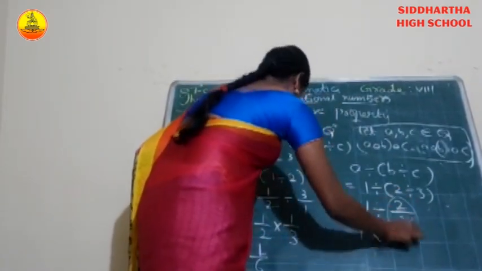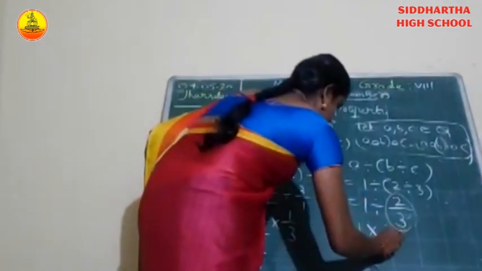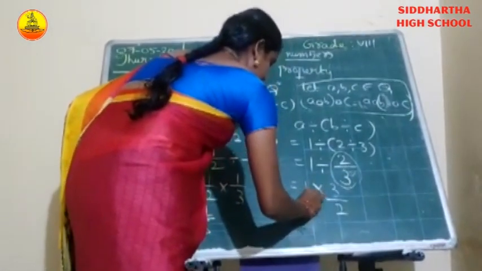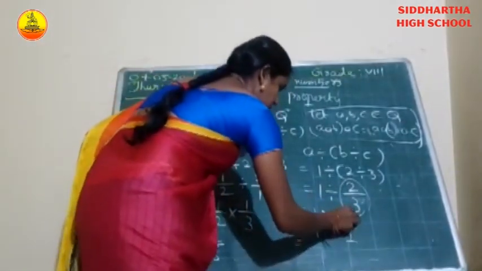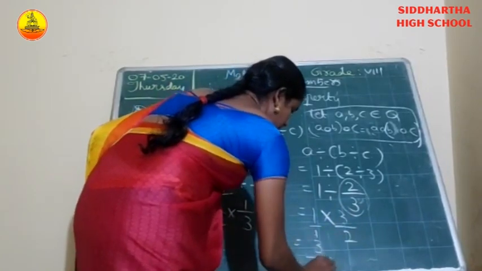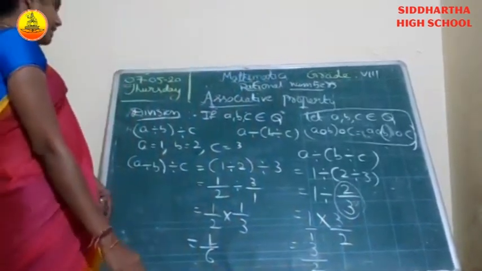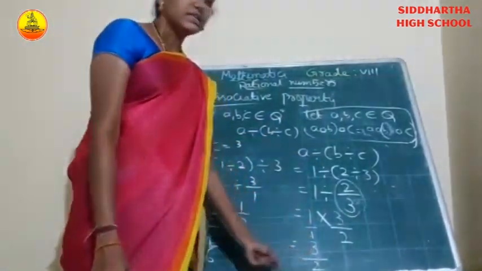Then 2 by 3 becomes a reciprocal. What is the reciprocal of 2 by 3? 3 by 2. 1 can be written as 1 by 1. So what is the value? 1 into 3. Multiply the numerators, multiply the denominators. 1 into 3, 3. 1 into 2, 2. Here the value of this one is 1 by 6 and the value of this one is 3 by 2.